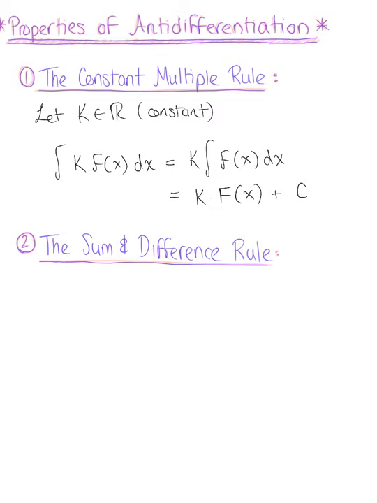With the sum and difference rule, we should let, and this should go for case 1 as well, we should let f and g be continuous and differentiable functions on some open interval.